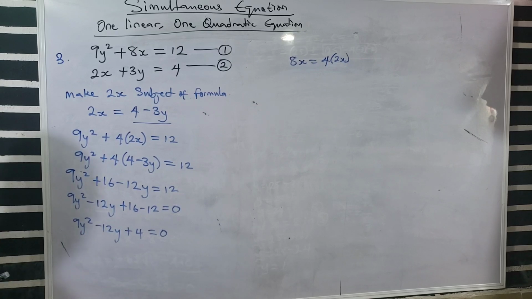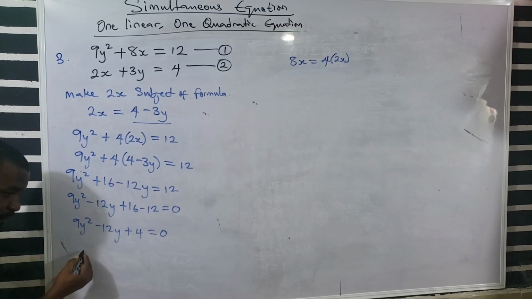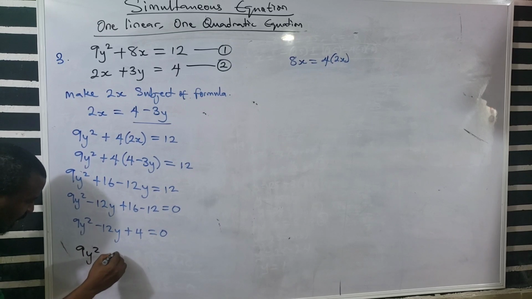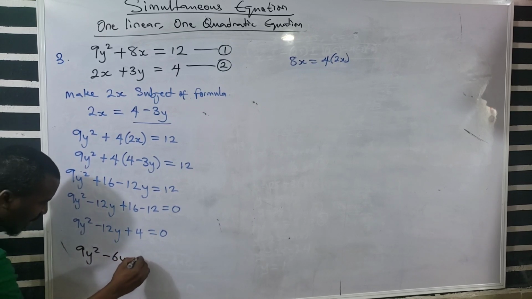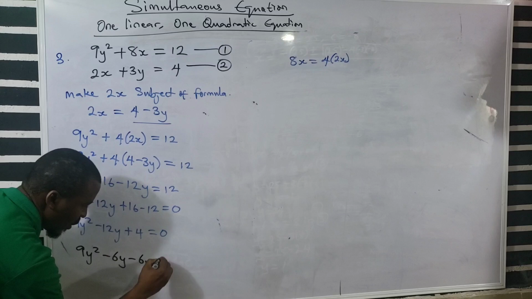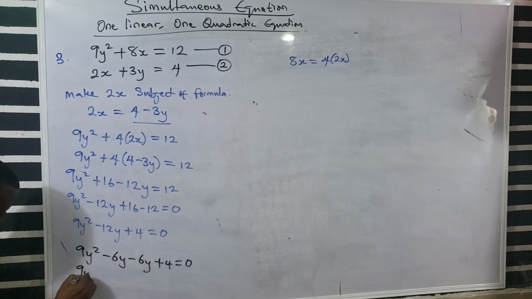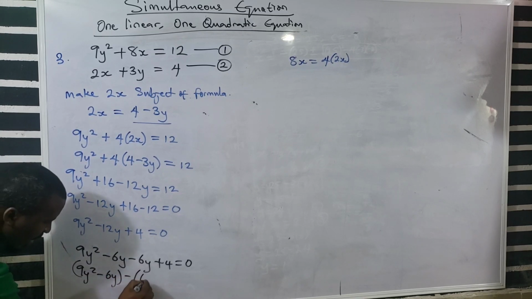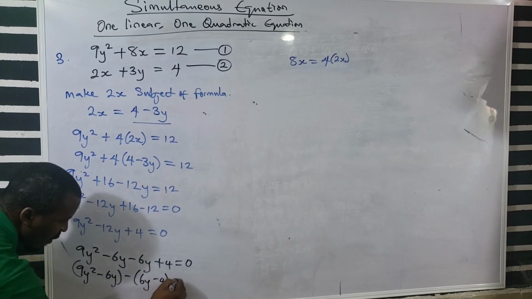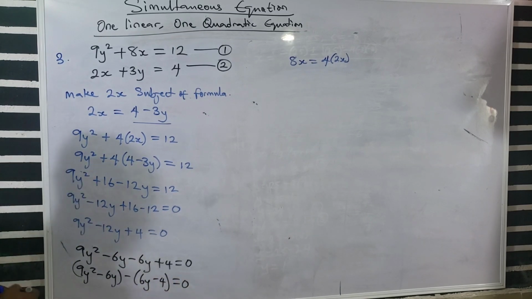So we can solve the resulting quadratic equation. So let us still use factorization method to solve that. 9y squared minus 6y minus 6y plus 4 equal to 0. So when you group that, you have 9y squared minus 6y, minus, you group that one, 6y minus 4. Like I said, how to factorize, we have a class on that already, so you can just go and check it out.